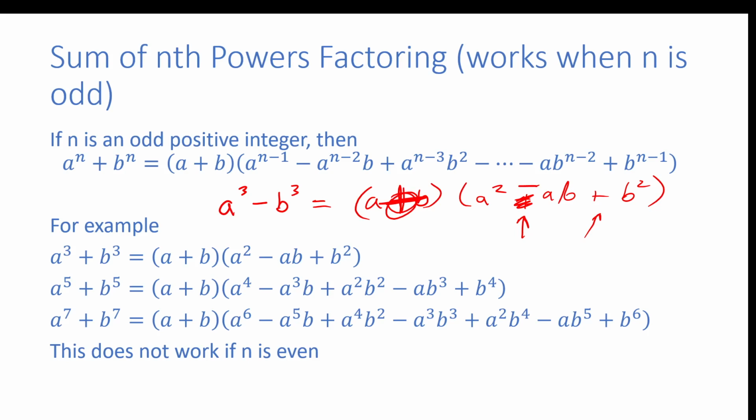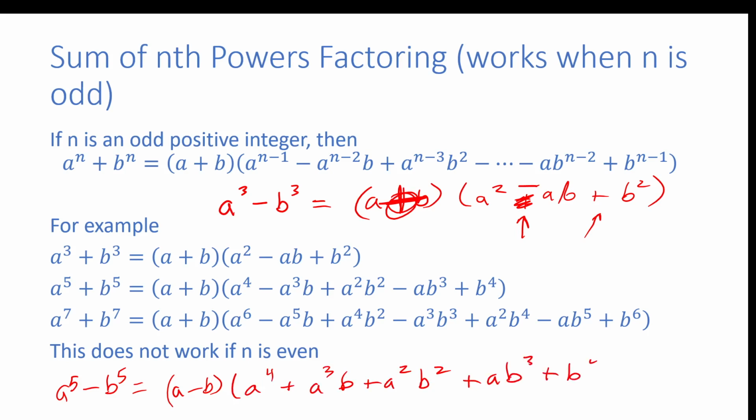Similarly, on the last slide, we learned that a to the 5 minus b to the 5 would be a minus b, and then a to the 4 plus a cubed b plus a squared b squared plus ab cubed plus b to the 4.